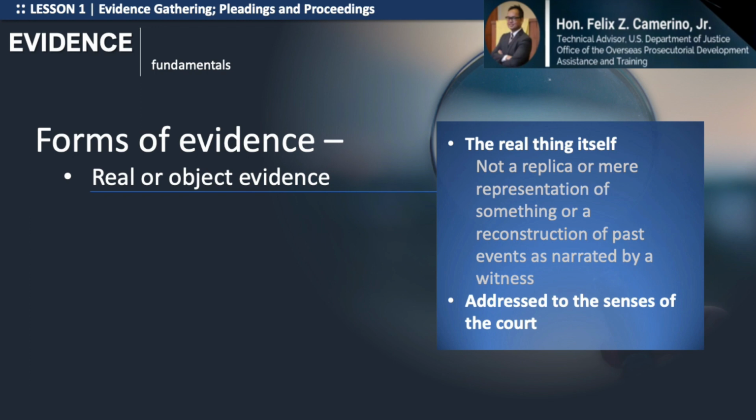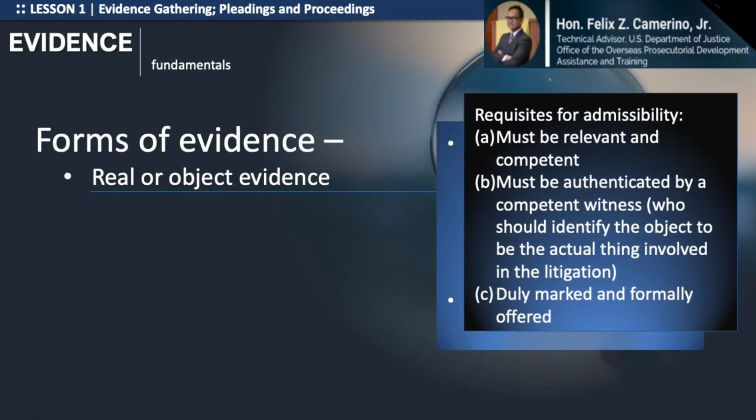And insofar as their requisites for admissibility, we did say earlier that evidence needs to be relevant and competent, and that is precisely the case here. But there are additional requirements that need to play in.